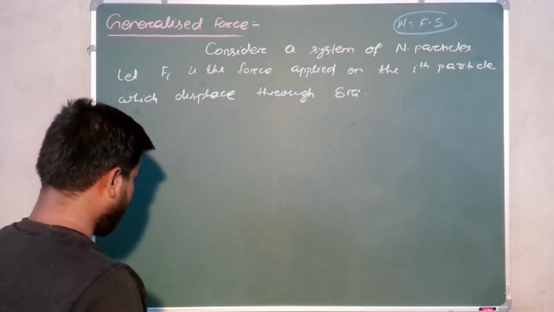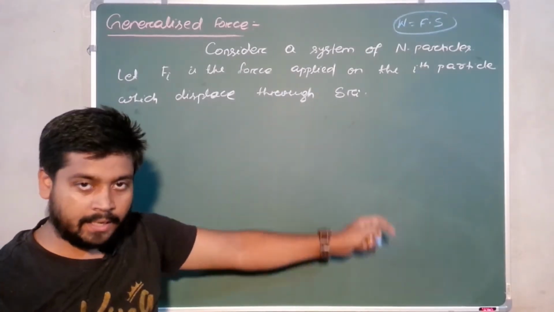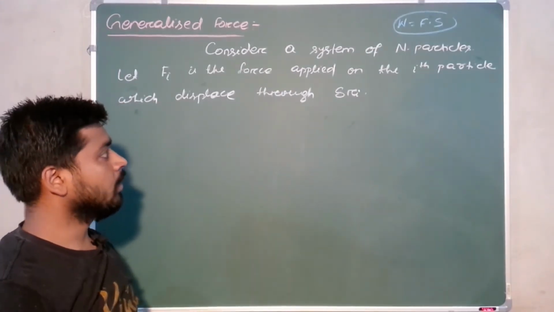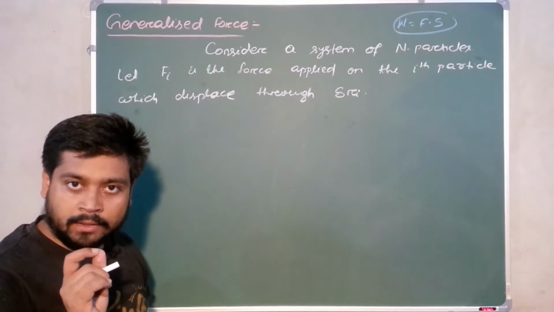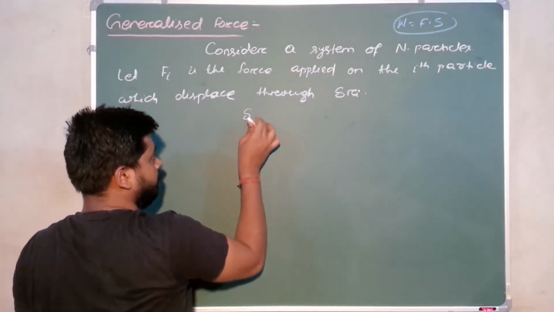As the particle is displaced through a small distance delta Ri, here we find a small work done. Yes or no? Just write down small work done, that is delta Wi.